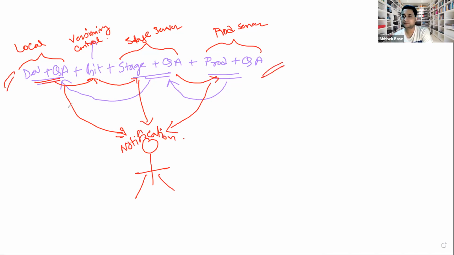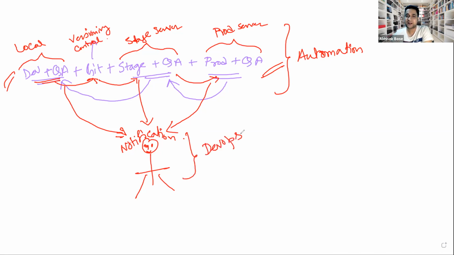So you are the person who is very happy because you created the full automation. You no need a single manual guy who can do this stuff for you and notify you that this is happening. You don't require that because you are basically the DevOps guy or CI/CD guy.